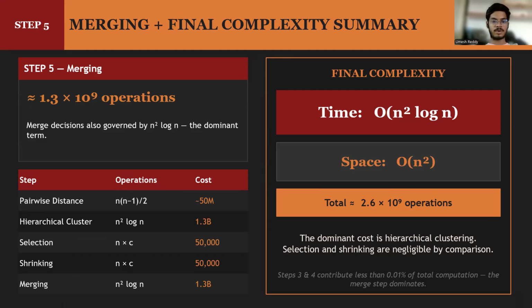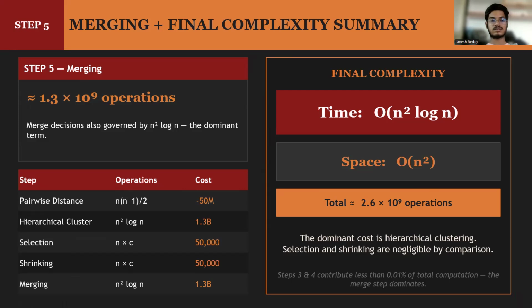Coming to the steps, operations and cost. Calculating the pairwise distance takes n into n minus 1 by 2 operations, and the cost is 50 million operations. For the hierarchical clustering step, the operations are n square log n, so the cost is 1.3 billion. In the selection and shrinking, the same operation n into c takes a cost of 50,000 operations, like 50,000 representative points.